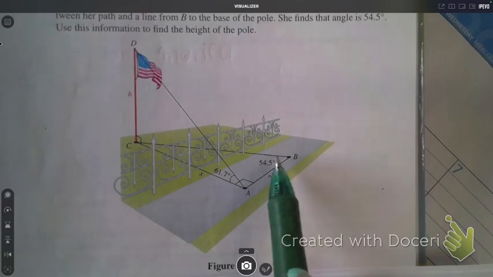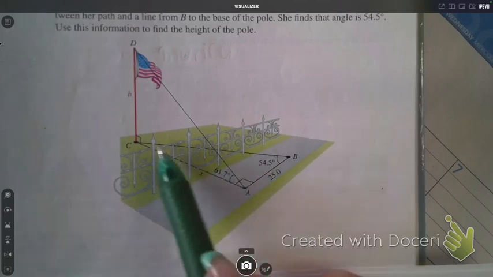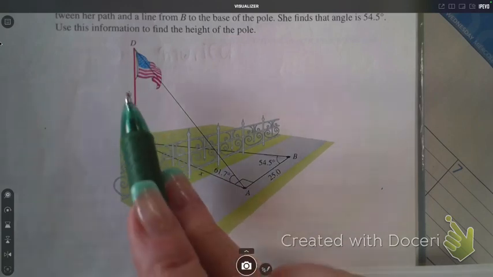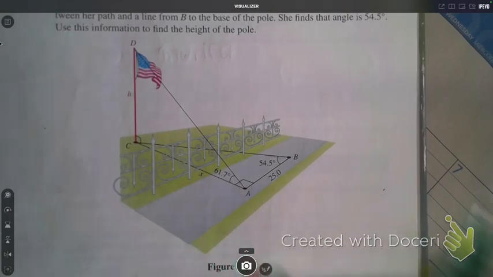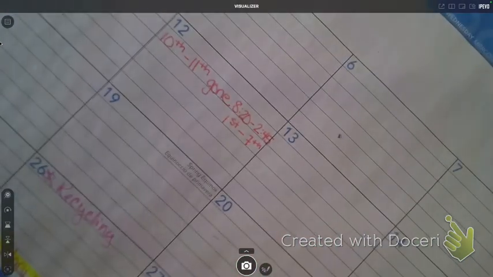Now, I want you to look at the picture without the fence, without the sidewalk, without the grass. Is this a picture you have had already in your assignments? So we're going to draw a basic picture here.